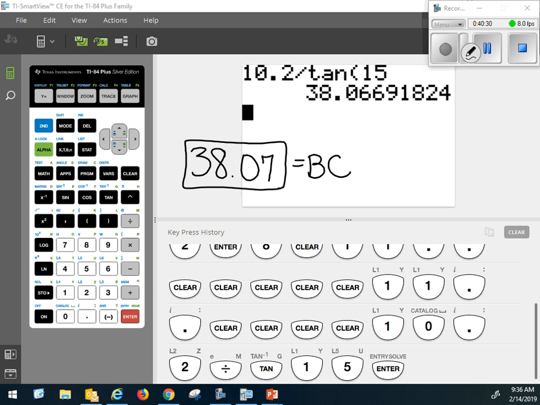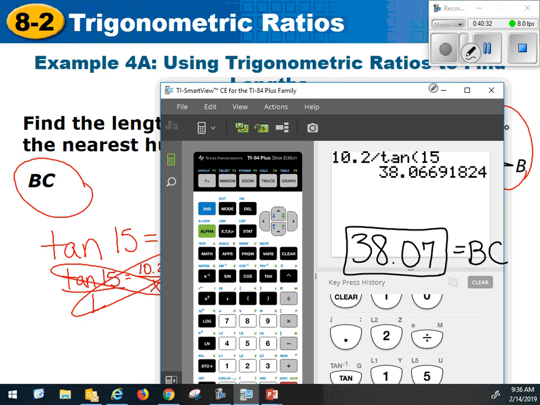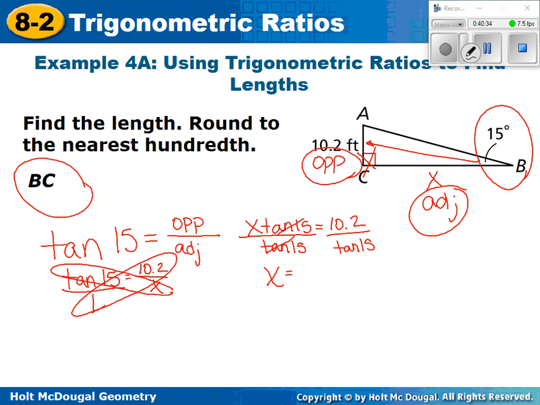Okay? If I want to use my phone, because I don't have a graphing calculator or a scientific calculator, just real quick to make sure you understand how to type that in. So now I'm looking at my phone. I'm still going to do 10.2 divided by, but now I have to type in the angle first.